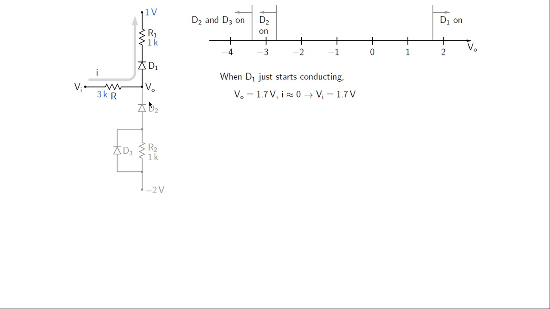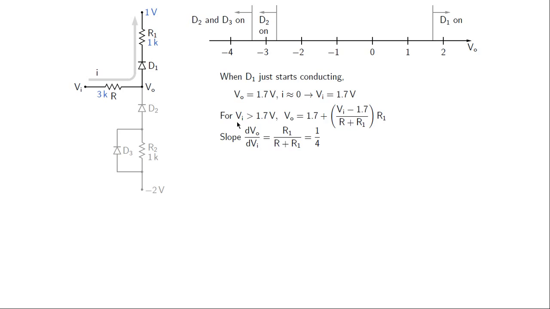Now as we have seen earlier, D1 starts conducting when VO becomes 1.7 volts. So VO is 1.7 volts when D1 just starts conducting, and this current is still small, so this voltage drop is nearly 0, and in that case VI is equal to VO, that is 1.7 volts, like that.